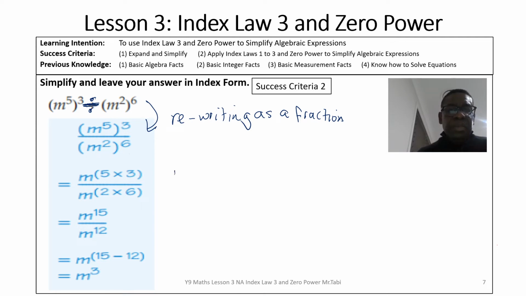Now, let's apply law 3. Power of power, we multiply the indices and simplify that to get this. Now, at this point, 5 times 3 is 15, 2 times 6 is 12. At this point here, we have to now apply law 2.